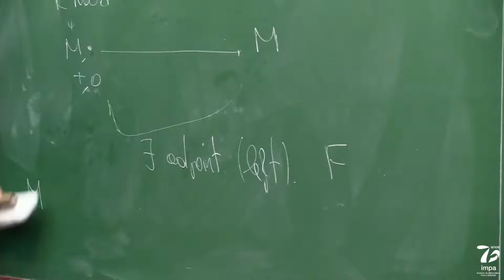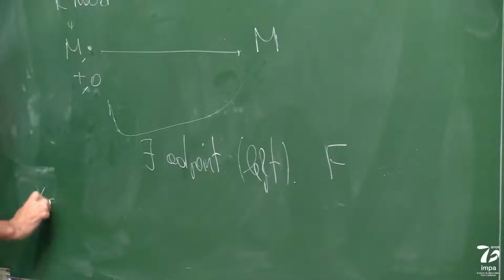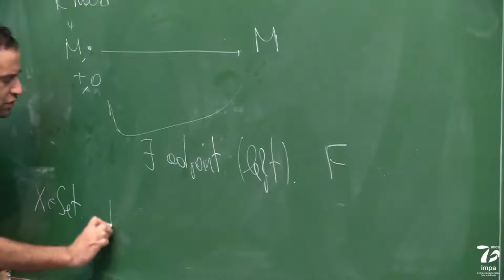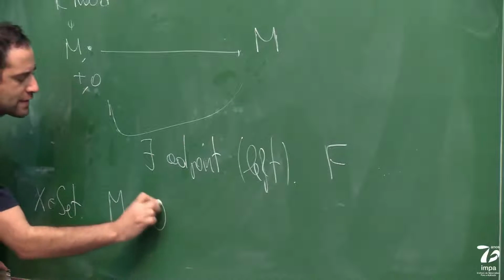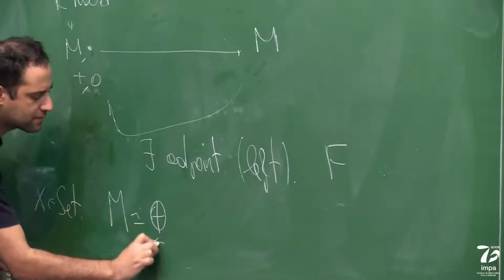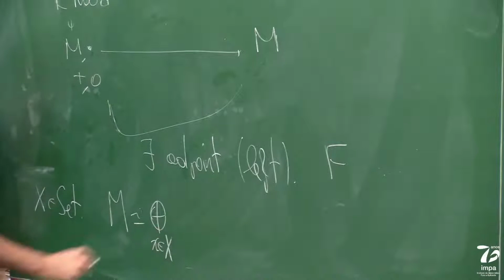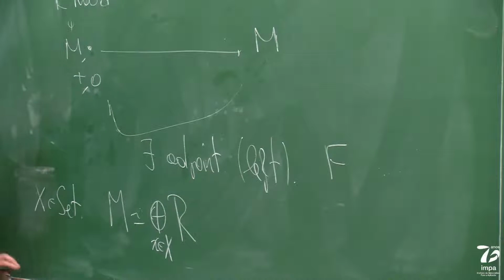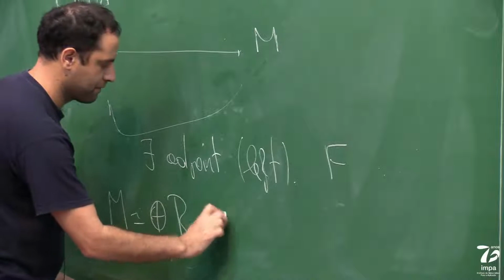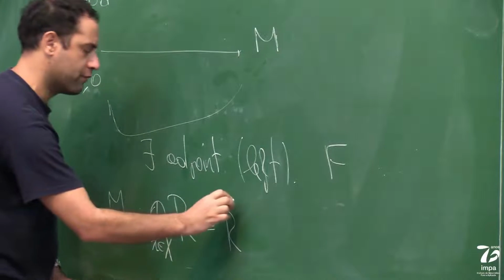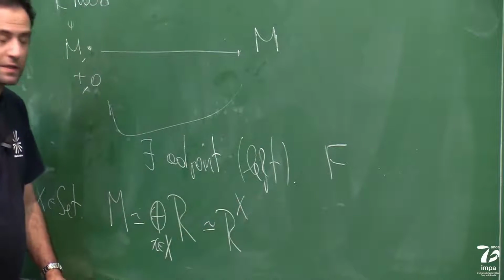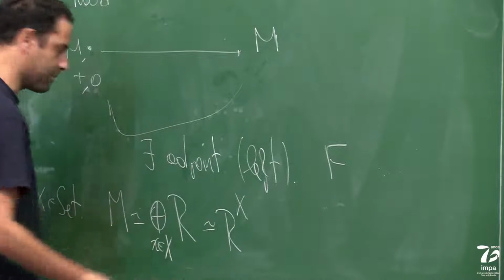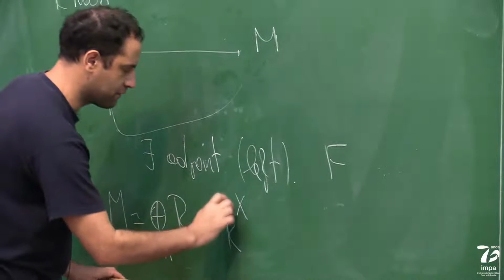Given a set X, then you construct M as the direct sum over all elements x in X of the free module R. So this is the same thing as R raised to the X, finitely supported. Probably compactly supported is a bad idea, let me use finite.